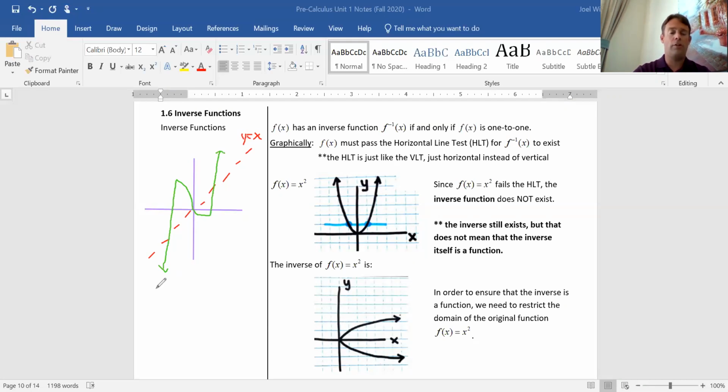We'll call this graph f of x. So the inverse graph, an inverse again, that's where we take our x's and y's and flip-flop them. That means every x coordinate becomes a y coordinate, and every y coordinate becomes an x coordinate. So the inverse relation would be reflected over this line y equals x.